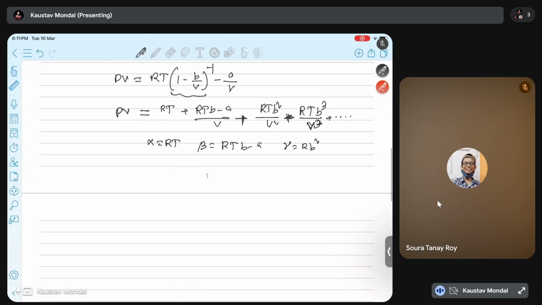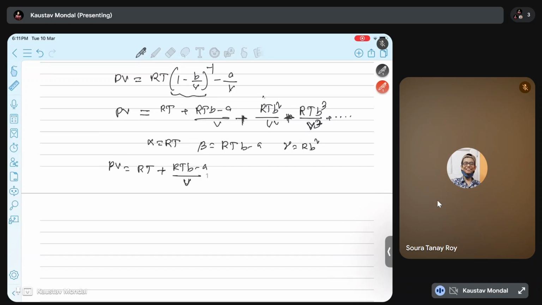Now we'll also discuss Boyle's temperature, where basically the temperature where a real gas starts behaving as an ideal gas. So that means we will neglect the terms after the second order terms, and then the equation will become like this.